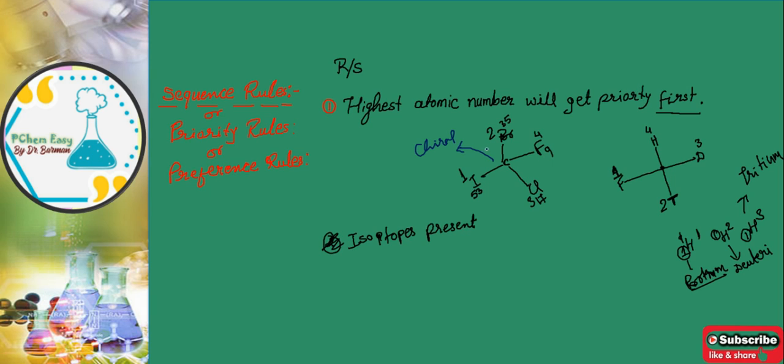Now we have to give the priority on the basis of their atomic number. Iodine will get priority first, 53, second bromine, third chlorine, and fourth fluorine. After assigning priority, what we have to do, we will see later on. Now in the first rule, you may get isotopes also. What are isotopes?